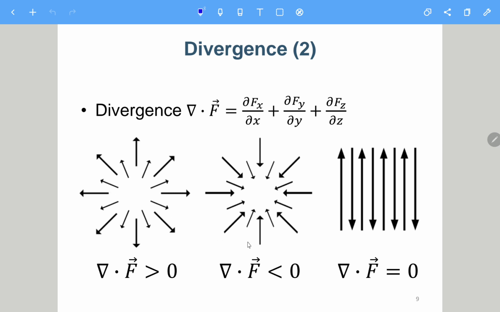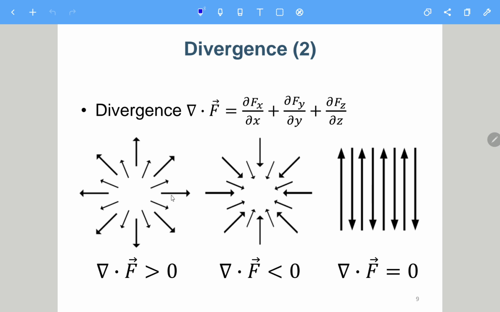If the divergence of f is smaller than 0 at the point, then f is flowing into that point. If the divergence of f is 0, then the f vector flowing in and flowing out at the point is balanced, totally 0.